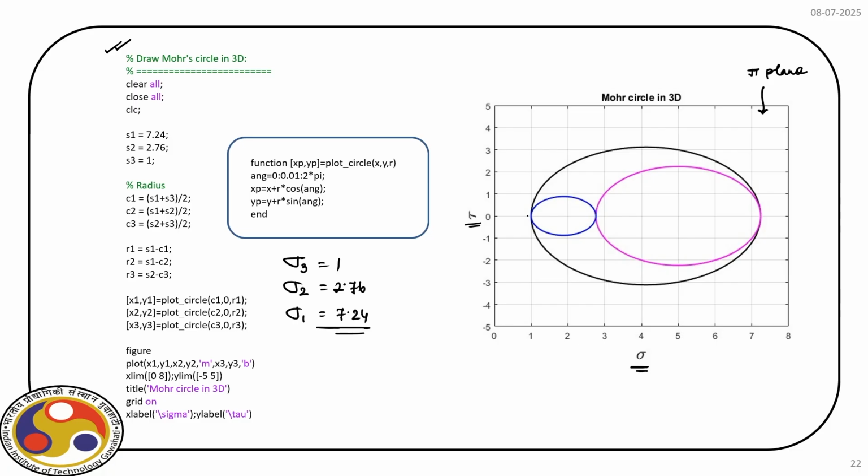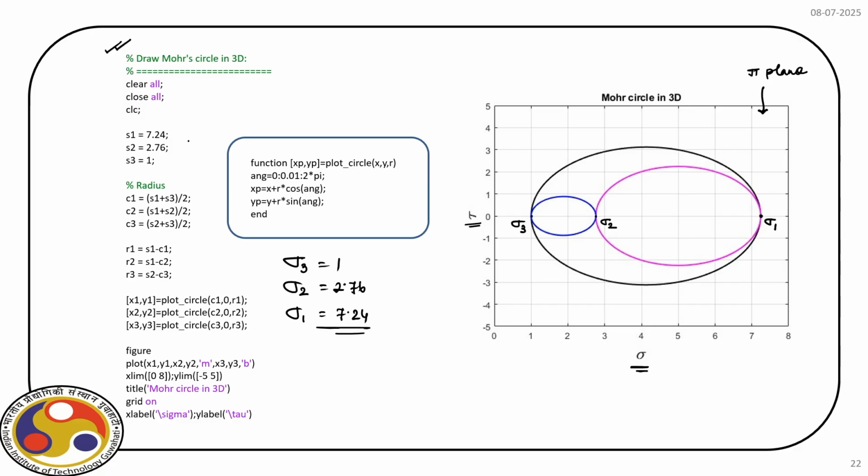So, we can mark it here. This is the point where we have sigma 3, then here we have sigma 2, and here we have sigma 1. Due to aspect ratio it looks like an ellipse, but otherwise it is actually a circle. You can try this code using MATLAB.